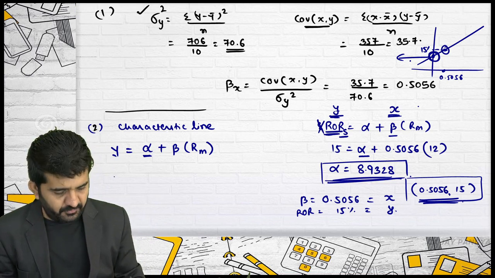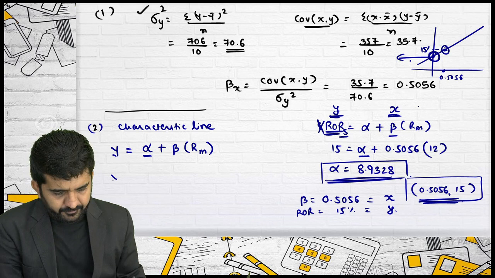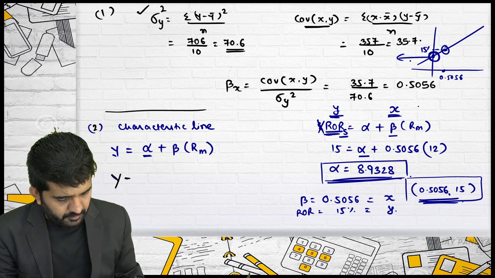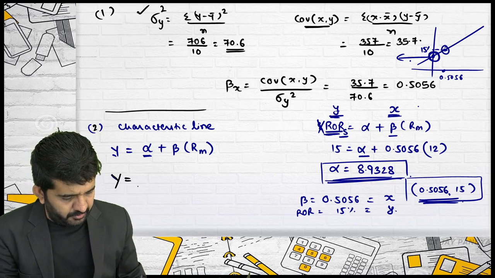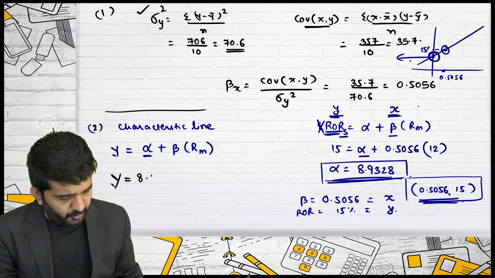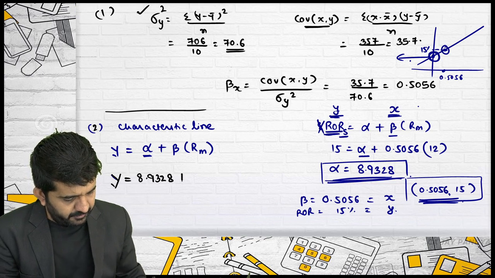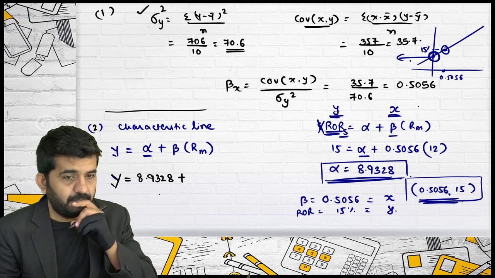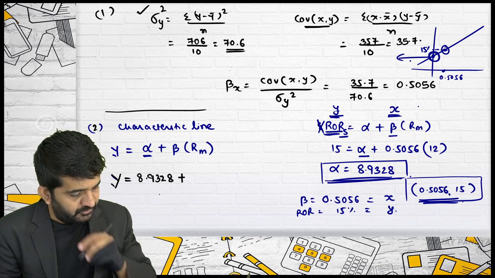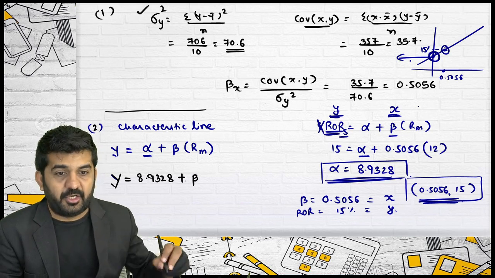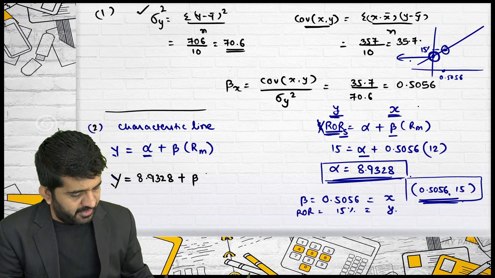Y is equal to alpha. 8.9328 plus beta is 0.5056. You should not write down actual beta. You should write down beta only. Is it alright? What is RM?